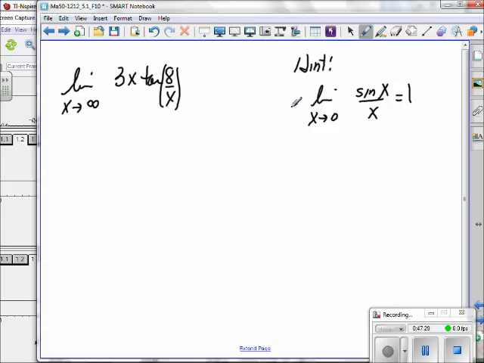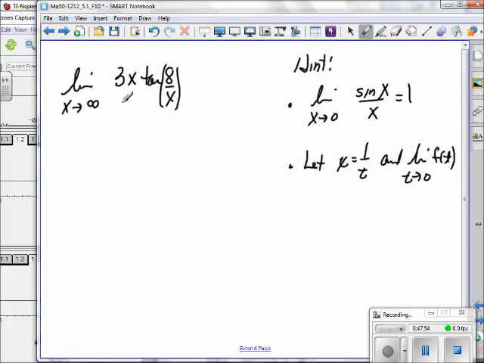Second hint is, let x equal 1 divided by t, and this is what Molly found on one of the hints that was given to her for the problem, and look at the limit as t goes to 0 of f of t.